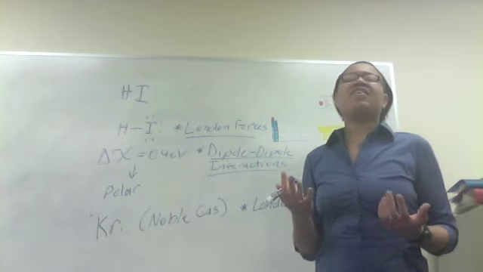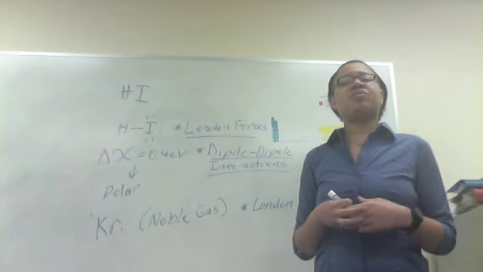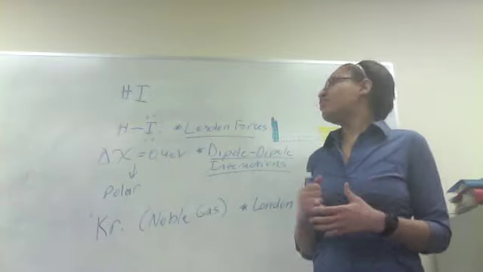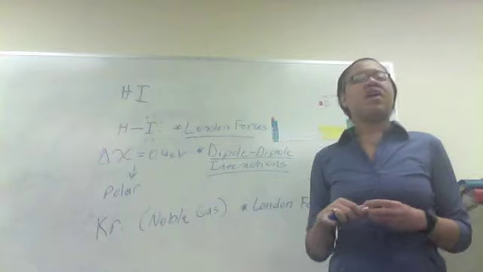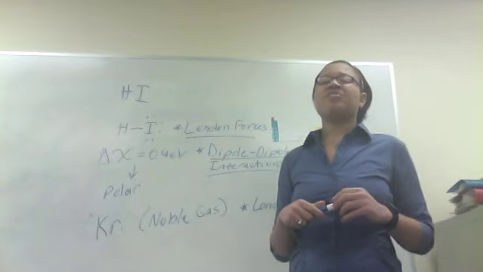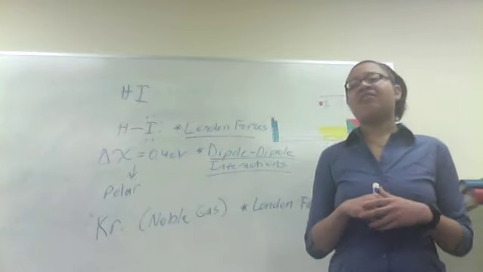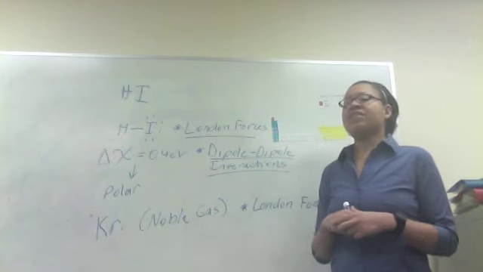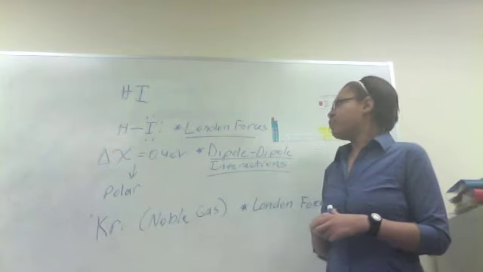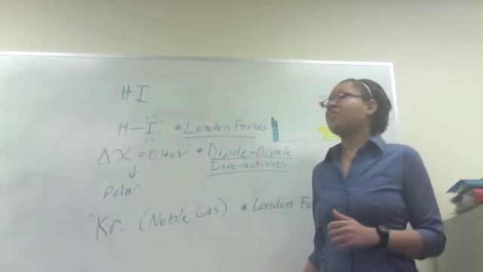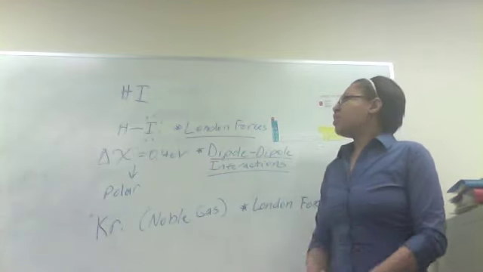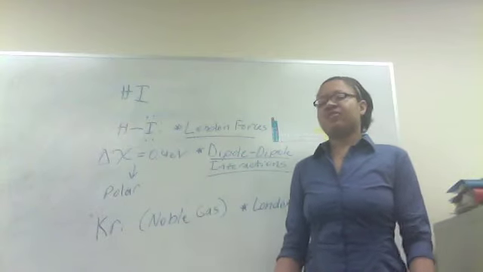A good indication that noble gases have London forces is that most of them can be liquefied and also solidified, so frozen. And that can only happen if there are interactions between the atoms, and the only interactions you can have for a noble gas would be the London forces. Okay, so that's an example of identifying different intermolecular forces in different substances.